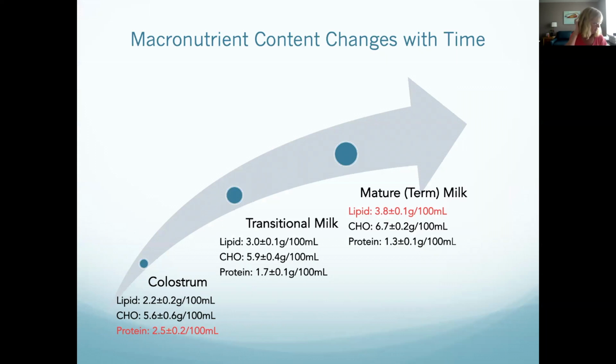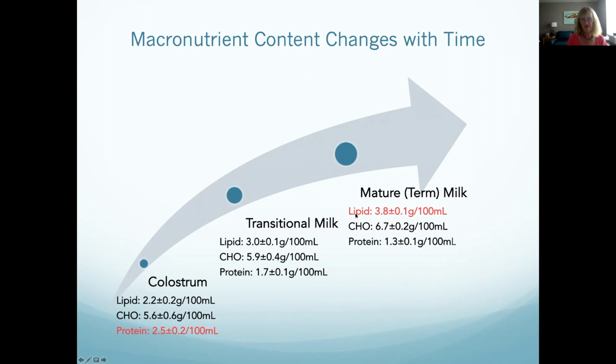Okay, this slide, I will not ask you a question from it because it's a bunch of numbers, but I do want you to know the concept. And the concept is colostrum is different than the milk produced up until 10 days, and the mature milk is even different. So colostrum starts out, as we indicated, with more protein.